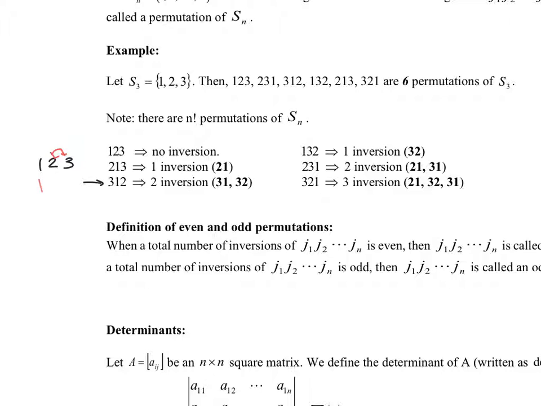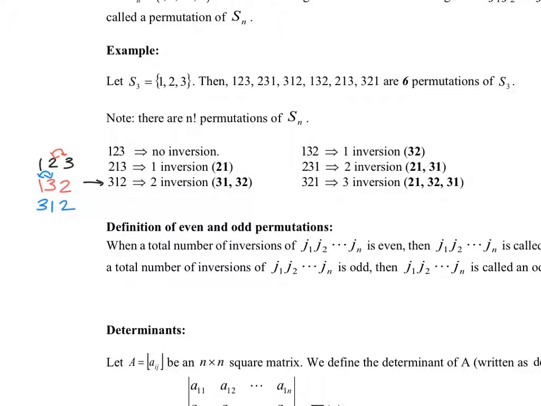So you get 1, 3, 2. And then in the next step, swap the 1 and the 3. And that'll give you the 3, 1, 2. All right. So you have to make 2 adjacent inversions in order to get from 1, 2, 3 to your desired number 3, 1, 2.